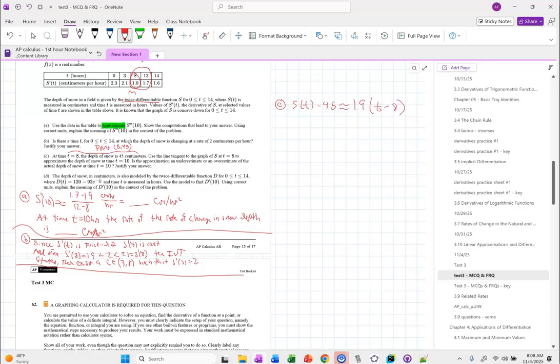So far, so good. So if I want S of 10, I just plug 10 in and there's my value.